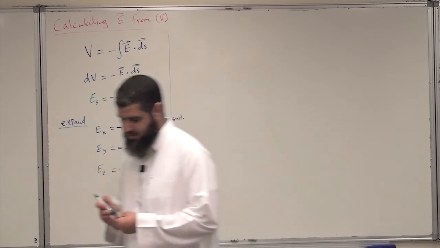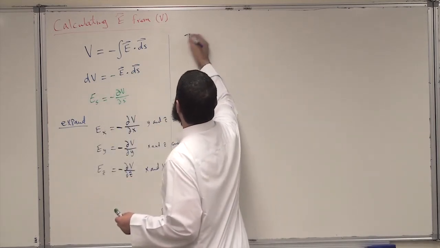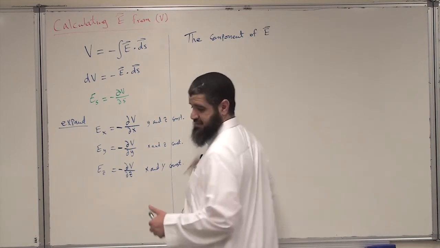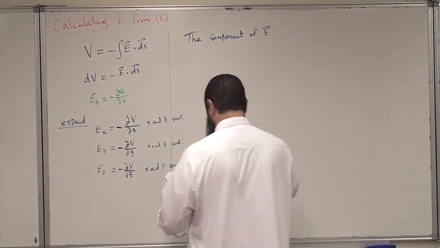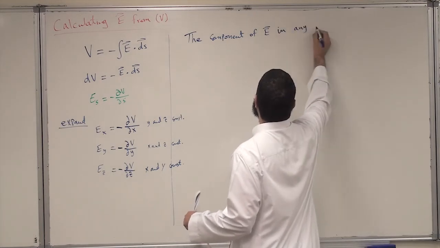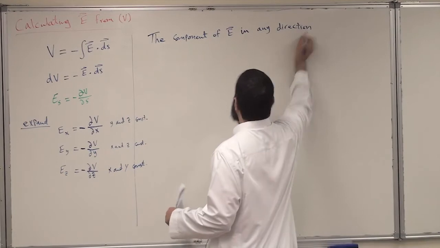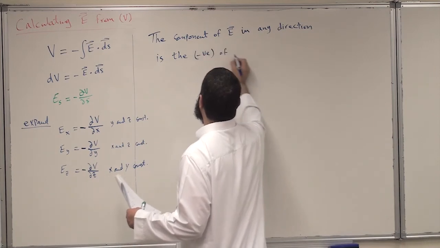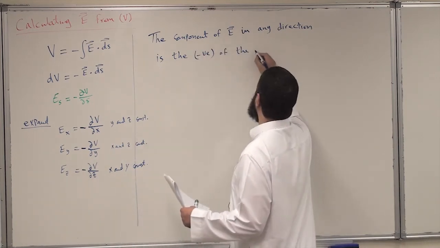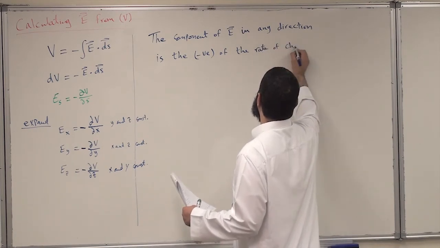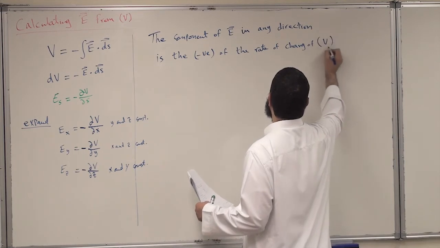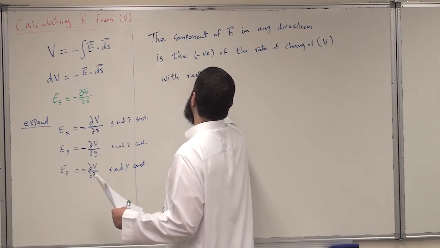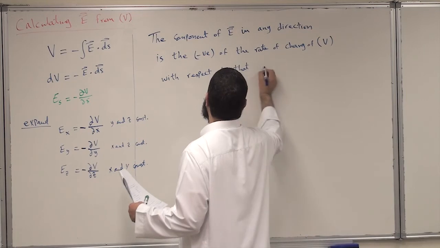So we can say in words that the component of the electric field in a certain direction, in any direction, is the negative of the rate of change of V, the electric potential, with respect to that direction.